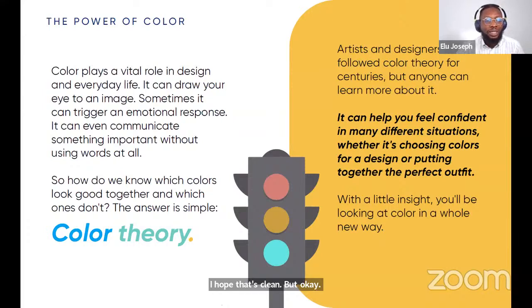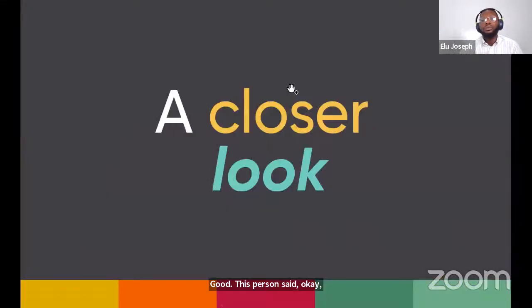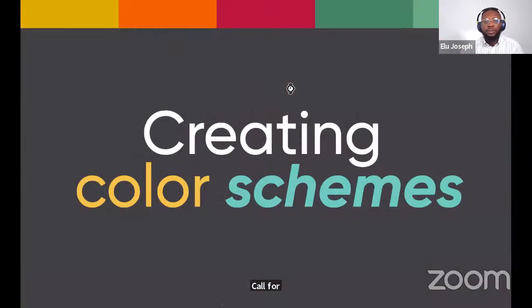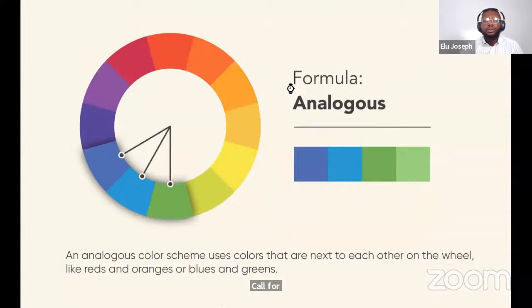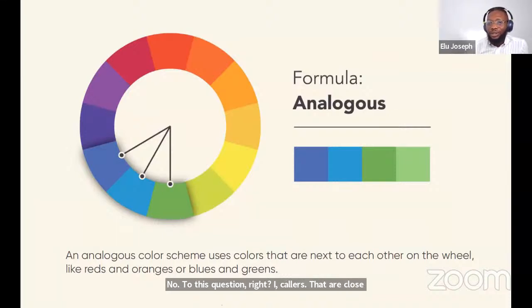I hope that's clear. Good. This person said, okay, Justin, analogous. Comfort, I hope you got that clear now. Now, to this question: analogous are colors that are close to each other. In fact, I think analogous and monochromatic are the simplest formulas in choosing colors, because you could just see there are a lot of colors close to each other here.